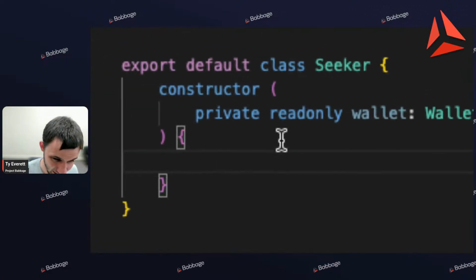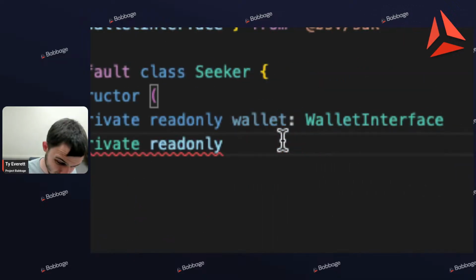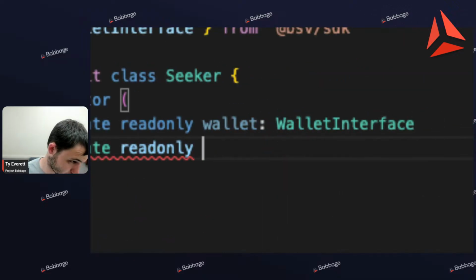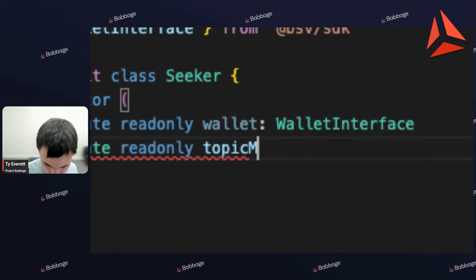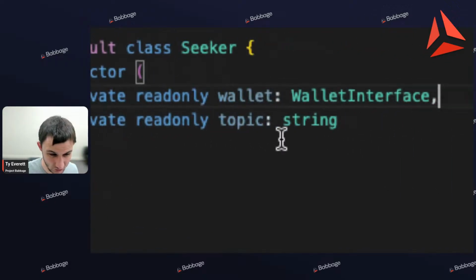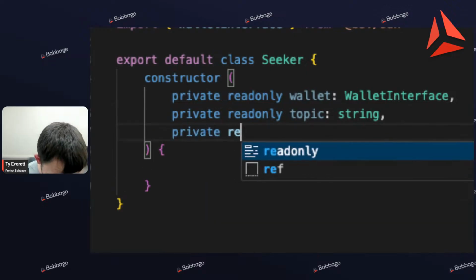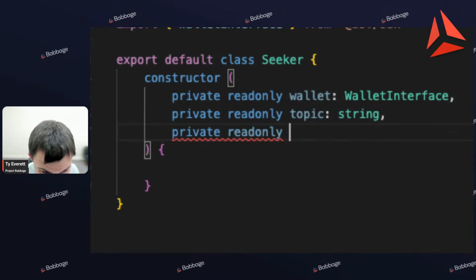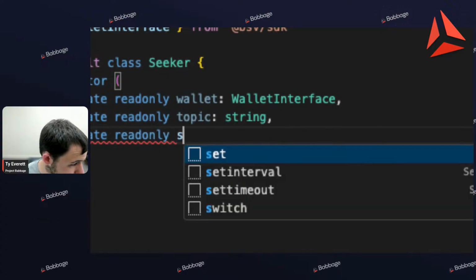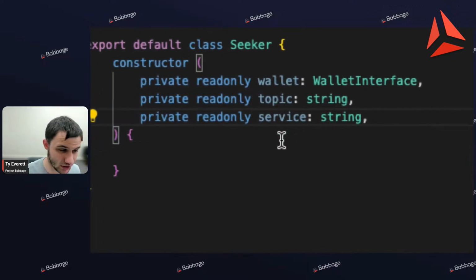That's the first step. A seeker knows which topic they are going to use, and which lookup service they're going to use.